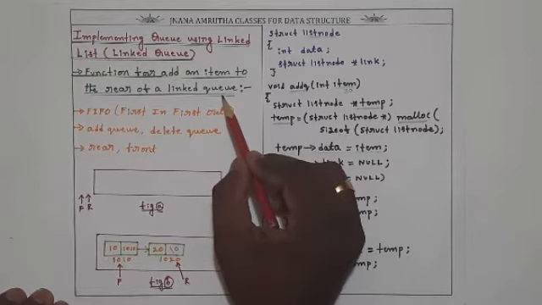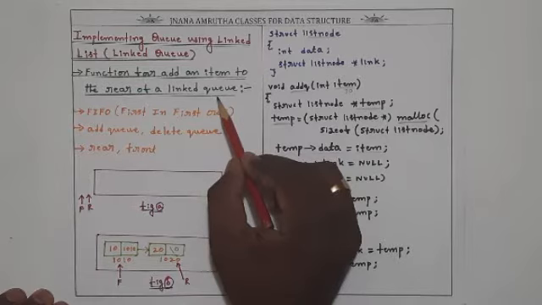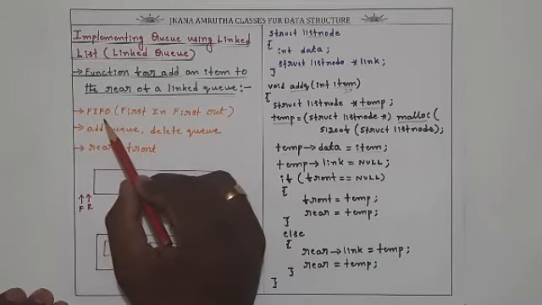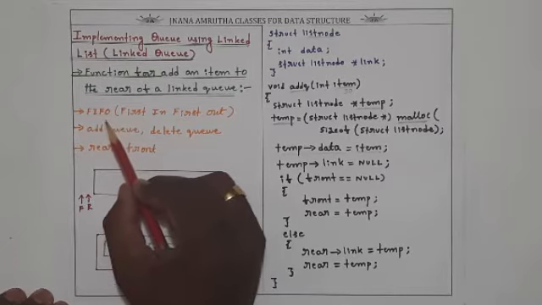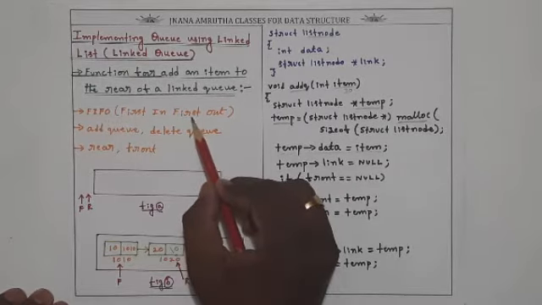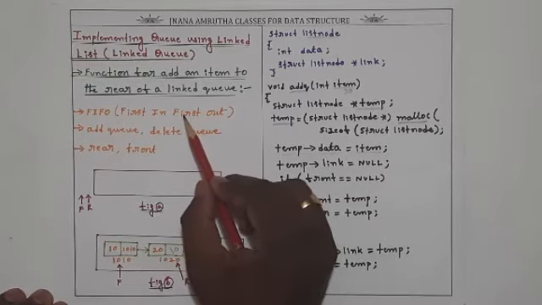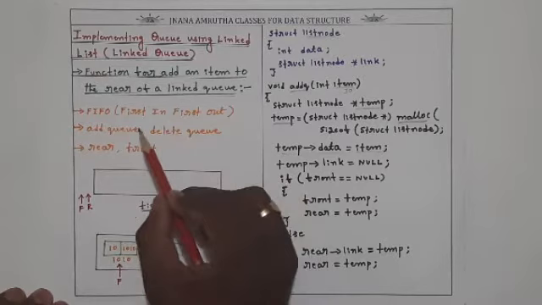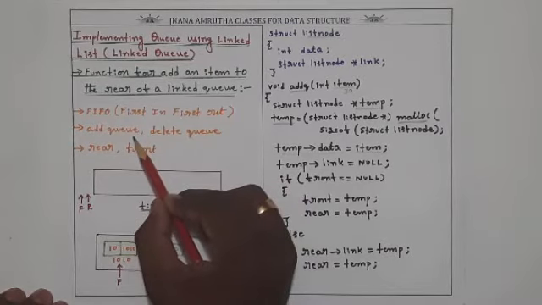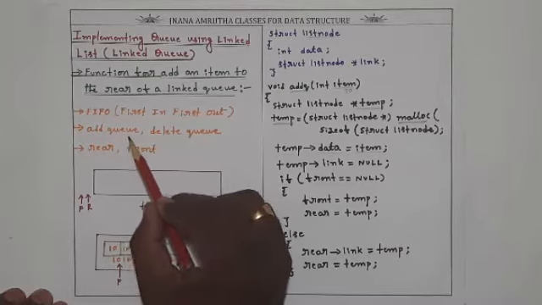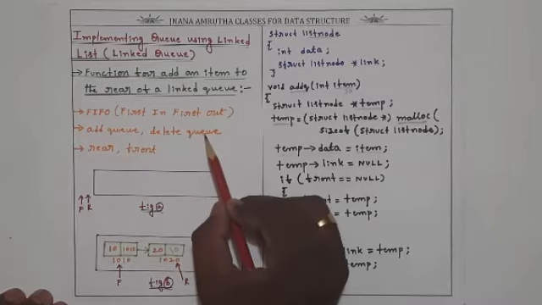First, queue is a non-primitive linear data structure and it operates in first in, first out manner. First in, first out in the sense whatever data we insert first, that data we remove first. And here we are majorly performing two important operations, that is add queue and delete queue.